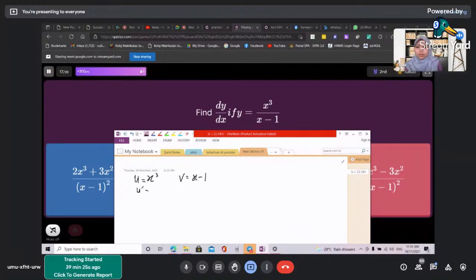Differentiate U, differentiate V, and then substitute into the formula for the quotient rule. So what is the formula? V U prime minus U V prime, over V square.